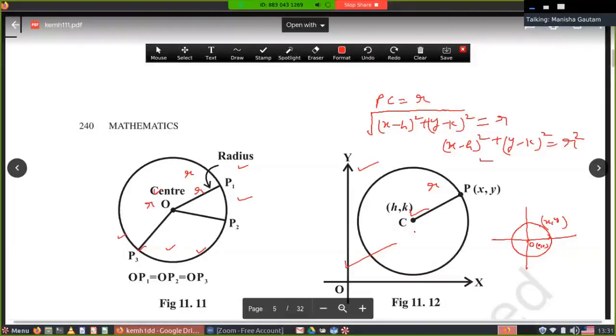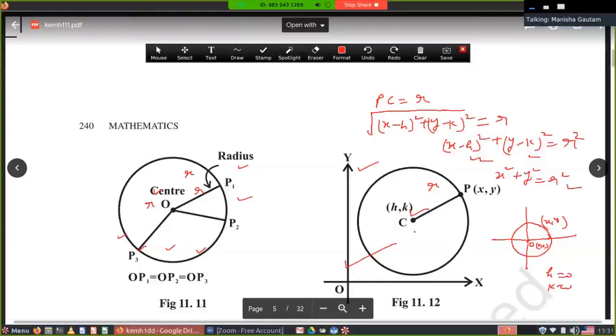Then what is the equation of the circle? When h and k are 0, this becomes x squared plus y squared is equal to R squared. So when the center is the origin, the equation of the circle is x squared plus y squared equals R squared.